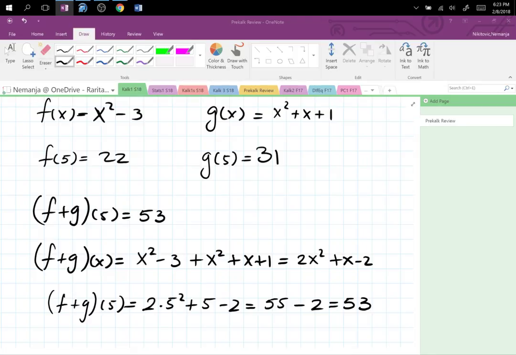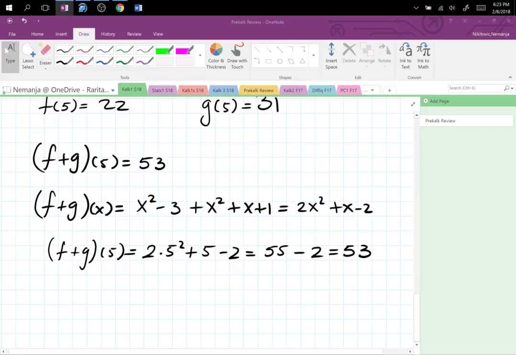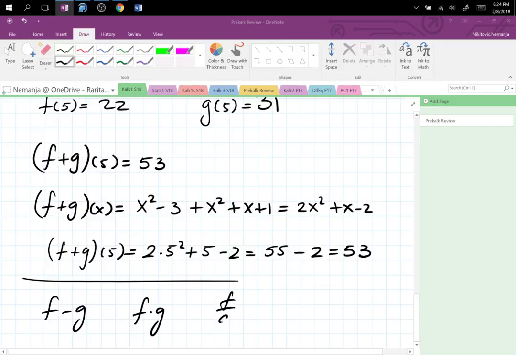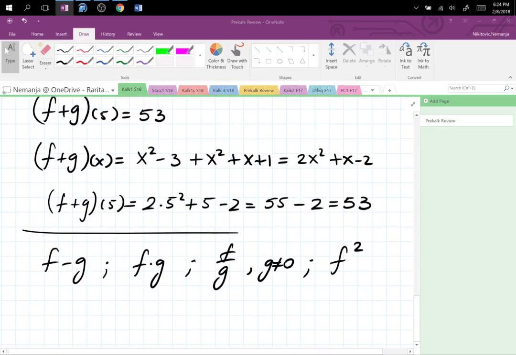Now, if this works for addition, it's going to work for subtraction, multiplication, division, provided that the bottom is not 0, squaring, and all other operations that we have. This is the way to create new functions from old.